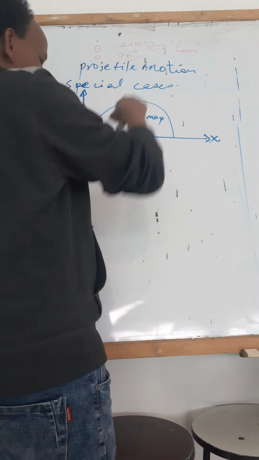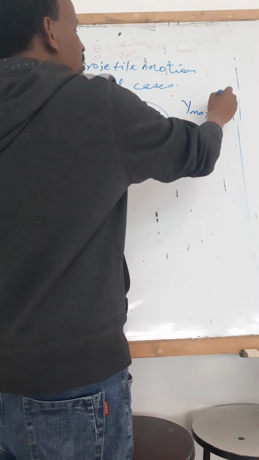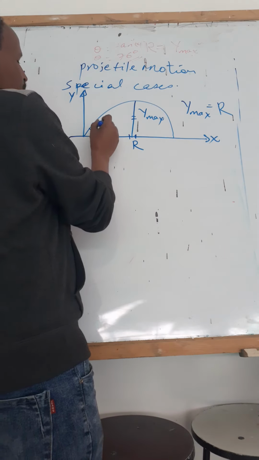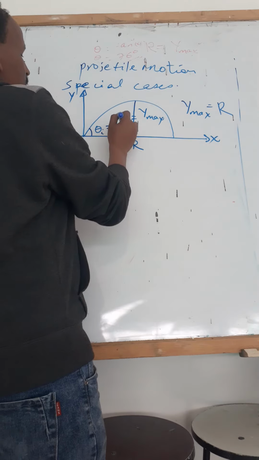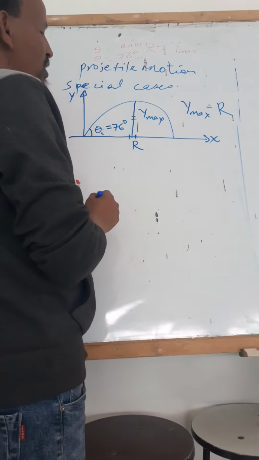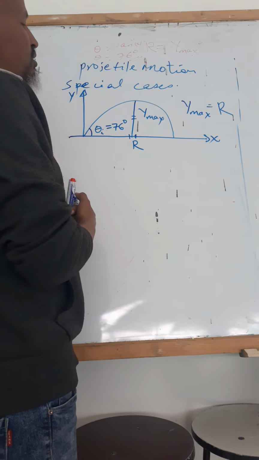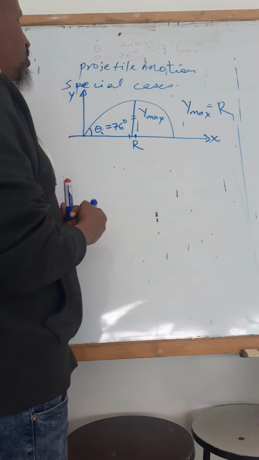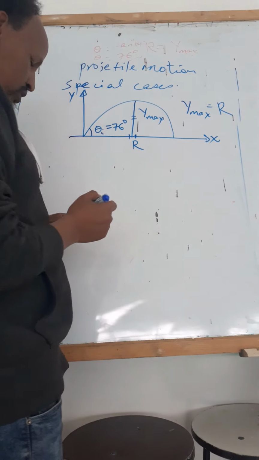The vertical displacement and the horizontal displacement, y max and R, are equal when the initial angle of projection, theta initial, is 76 degrees. We calculated this using the equations for maximum height and maximum x displacement, which is range, and we found it to be tan inverse of 4, which is 76 degrees.